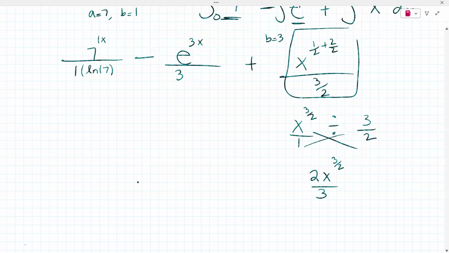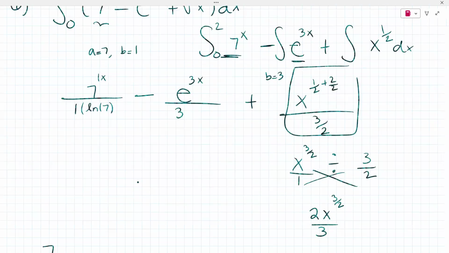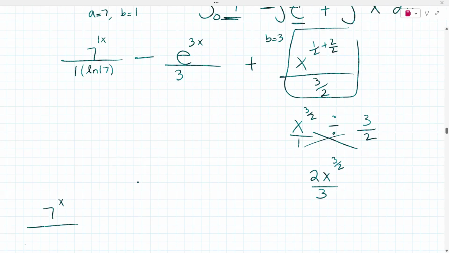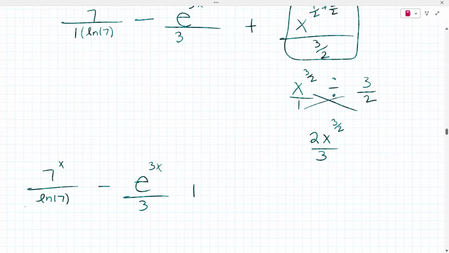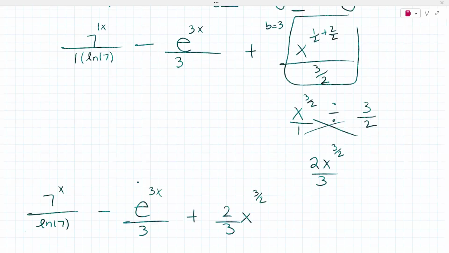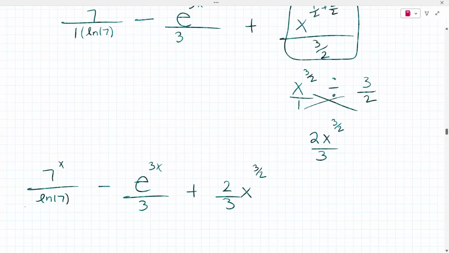Okay, so we get 7 to the x over ln of 7 minus e to the 3x over 3 plus 2/3 x to the 3/2. And then we're going from 0 to 2.